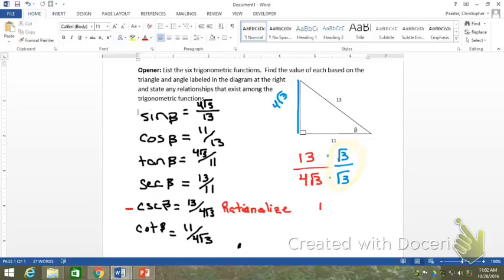And so when we do that, we would get 13 roots of 3 all over 4 times root of 3, and root of 3 times root of 3 is 3. So we would have 4 times 3, 12. That whole process is just how can we make a fraction with a root in the denominator look prettier. It's called rationalizing. It doesn't make the answer any better, it just makes it look better. Okay, it makes it more preferable.